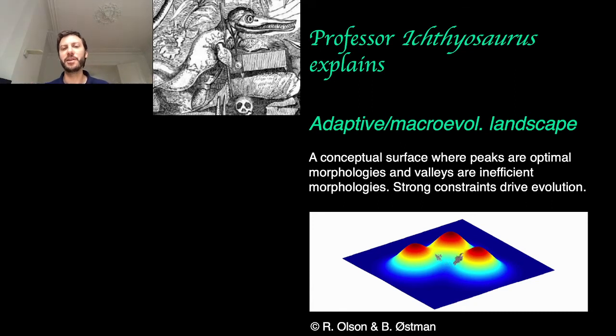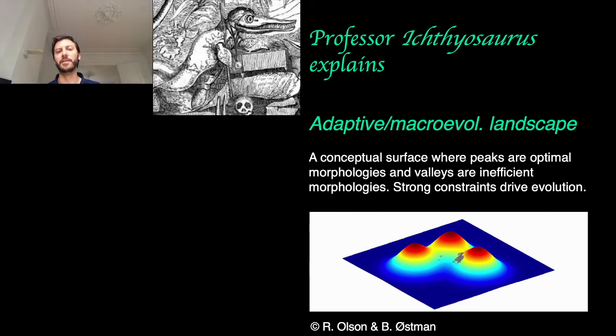What it actually means is that you have strong constraints driving evolution. You have strong constraints that are going to force animals towards the peaks, because other morphologies not on the peaks are suboptimal. They are not very efficient, and so evolution is believed to be strong enough to force animals towards this peak.